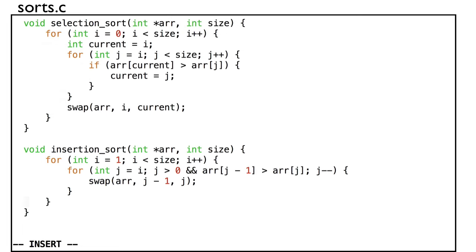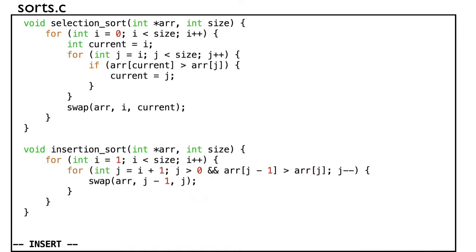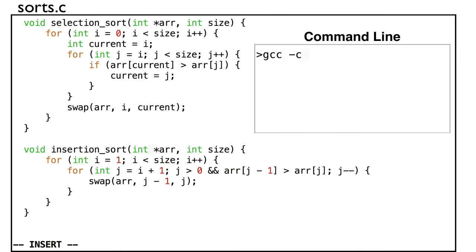Suppose that in sorts.c, we notice that we can reduce the size of the inner loop by one iteration. This change only affects a tiny part of one file. Now, instead of recompiling every file in our huge project, we can just recreate the single object file that is affected and relink. This can save significant time.